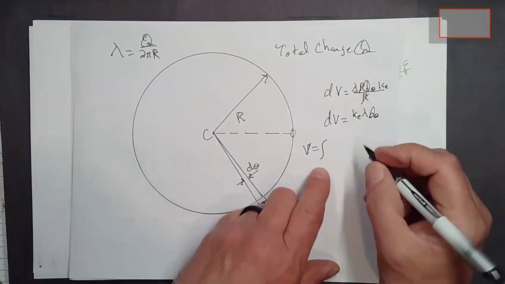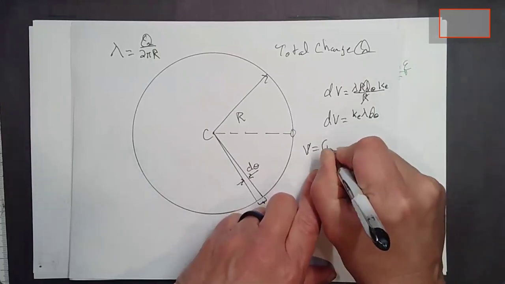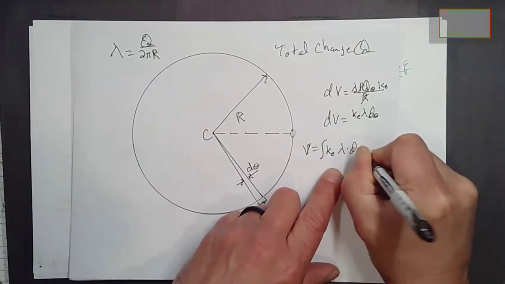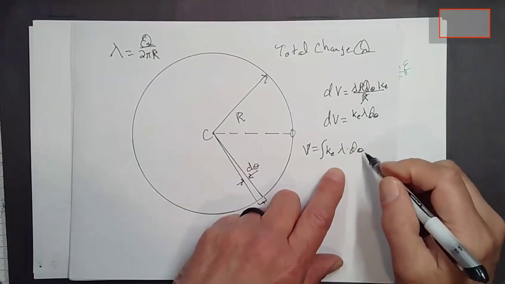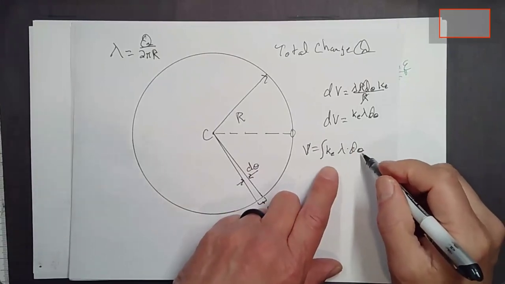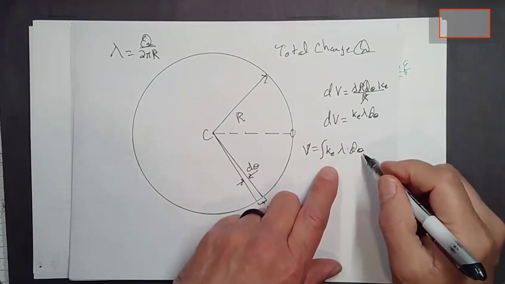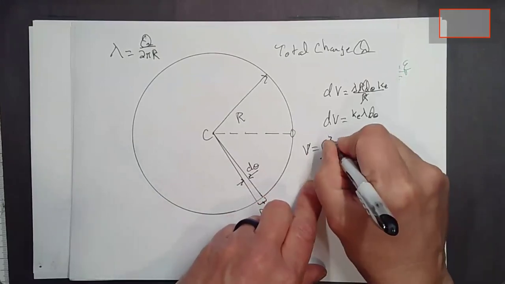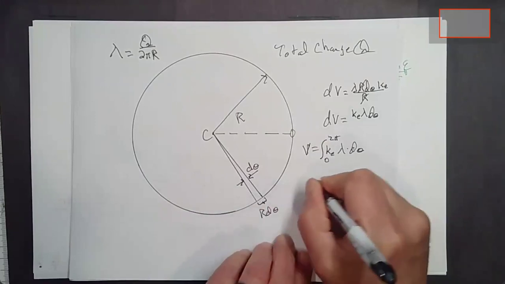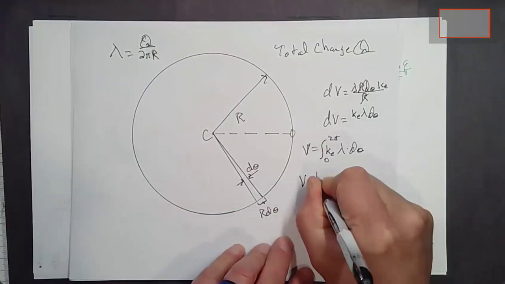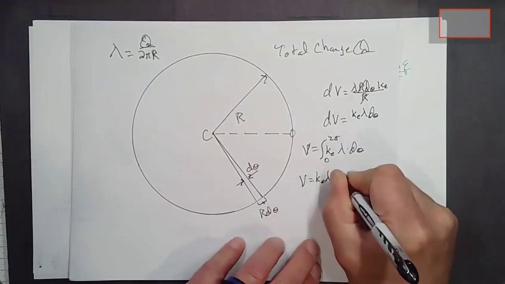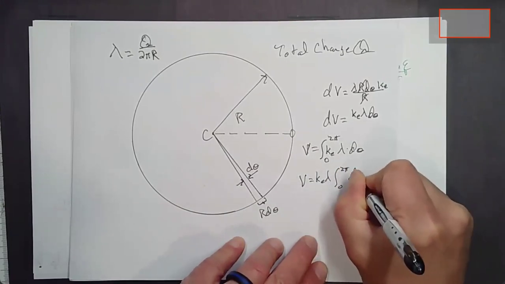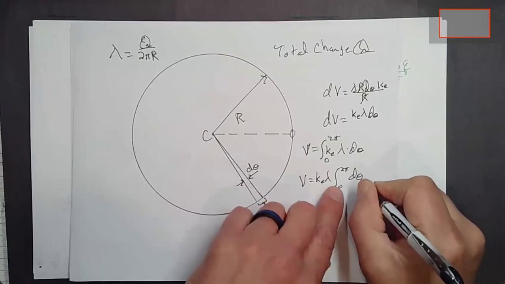Anyway, I'll be doing the integral of k sub e lambda d theta, and what I end up getting here is k sub e and lambda come out. I'll be integrating from 0 to 2 pi, and so V will equal k sub e lambda times the integral from 0 to 2 pi of d theta, which is just 2 pi.